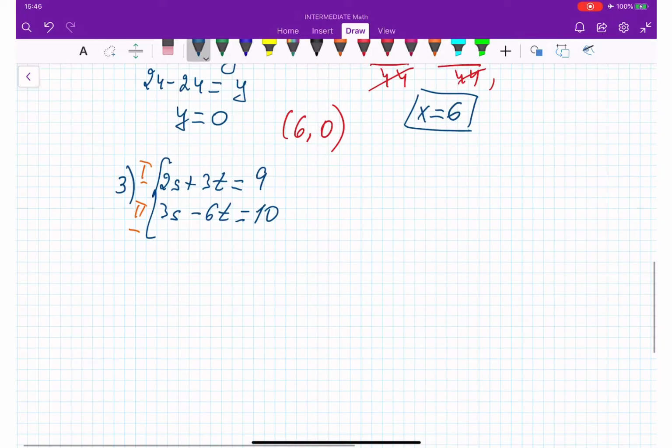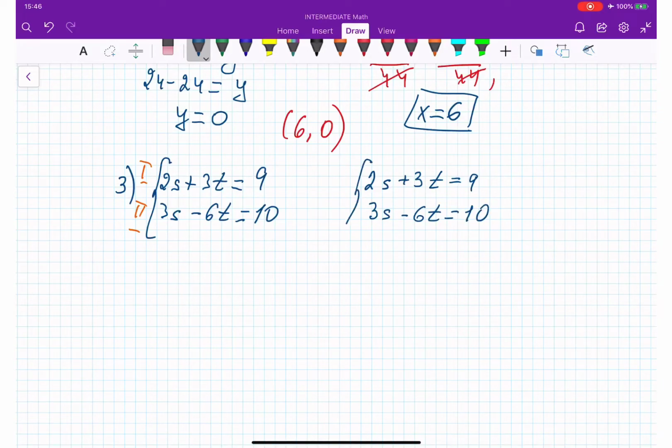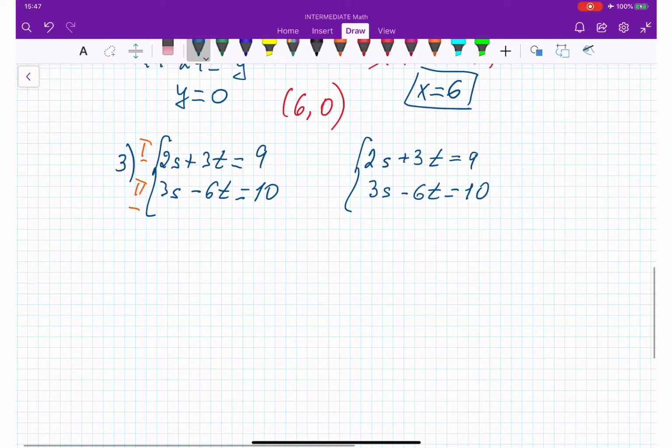It's going to be 2s plus 3t equal 9, and I have 3s minus 6t equal 10. Since we are using the method of elimination, I'm going to eliminate t.